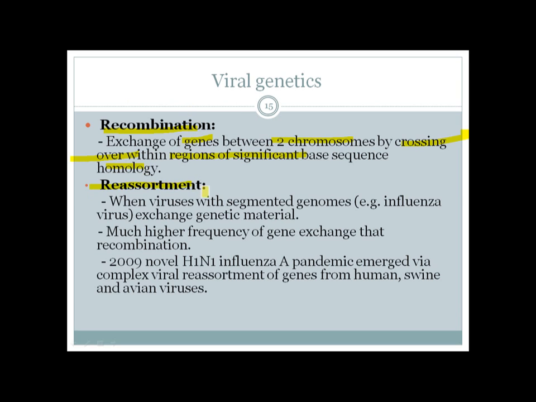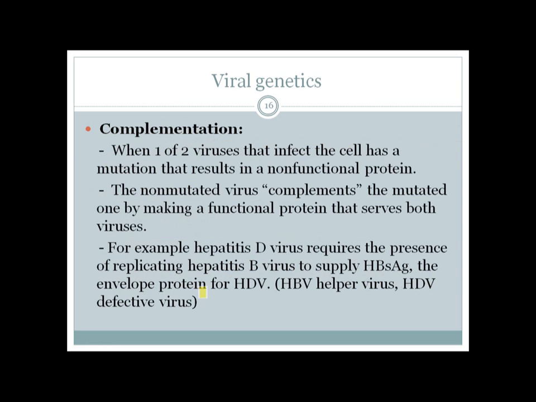And reassortment is when the viruses have a segmented genome like influenza virus, the segments will be transferred from one virus to another virus, and this will result in a very high frequency of gene exchange, and ultimately it can cause something called antigenic shift, leading to pandemics. The 2009 novel H1N1 influenza A pandemic actually emerged via complex reassortment between human, swine and avian influenza viruses.